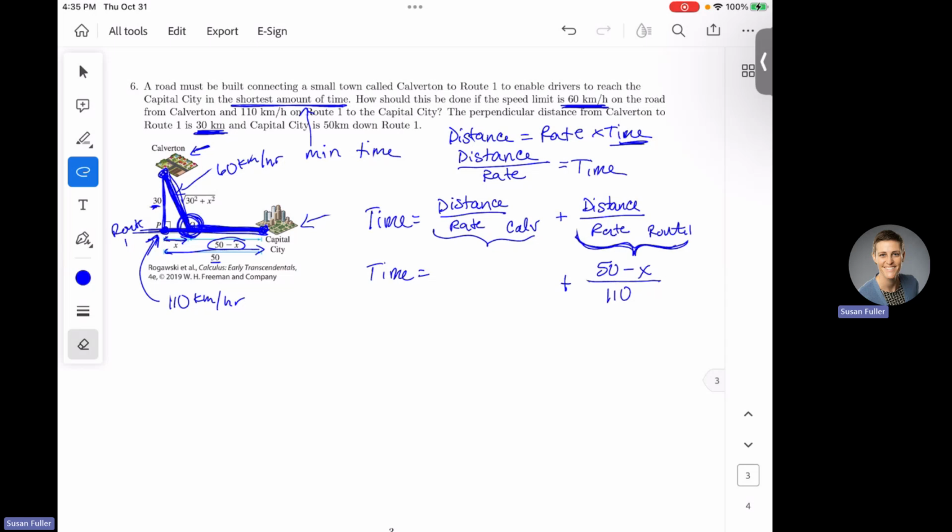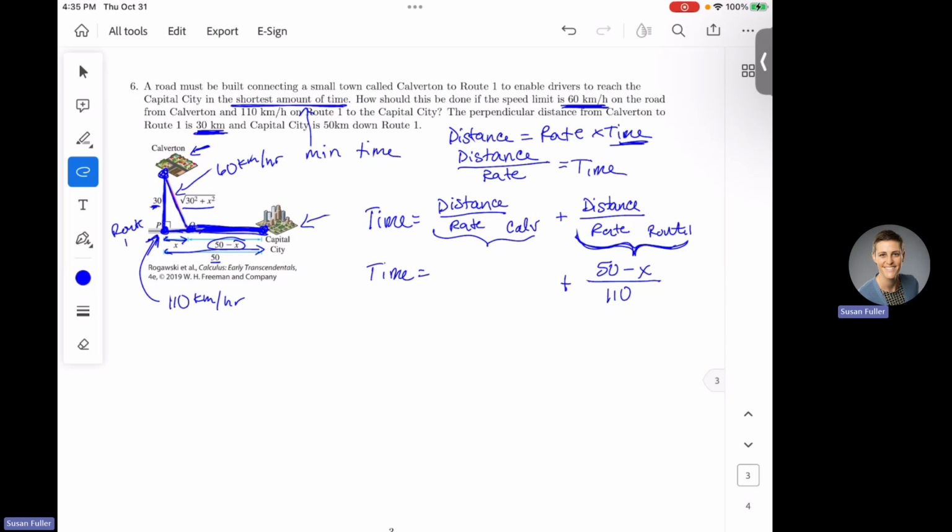They drew a right triangle. I'm sorry, I have a lot of lines here. And so they already drew this right triangle in for you. This vertical distance, this perpendicular, is 30 kilometers. And we know that this side down here is our x. So they did the Pythagorean theorem to figure out that my hypotenuse was the square root of 30 squared plus x squared.